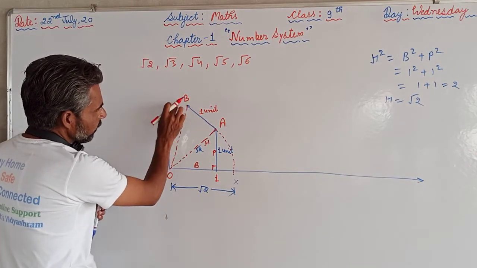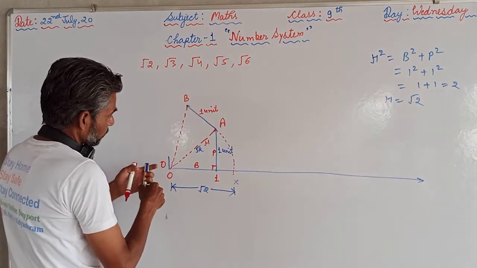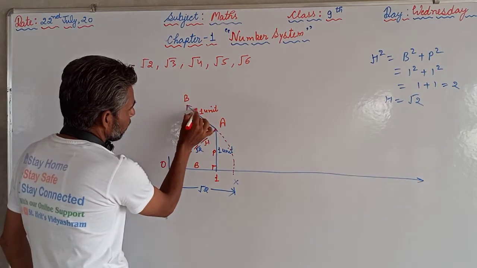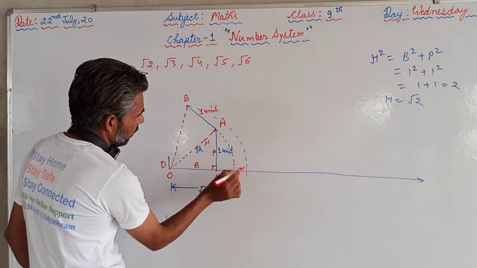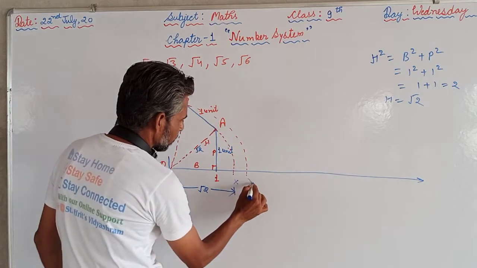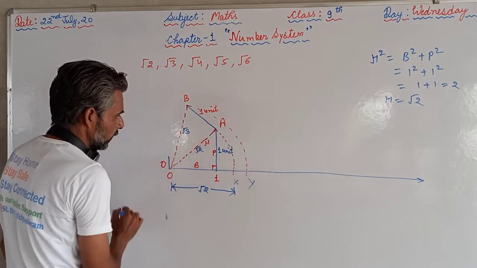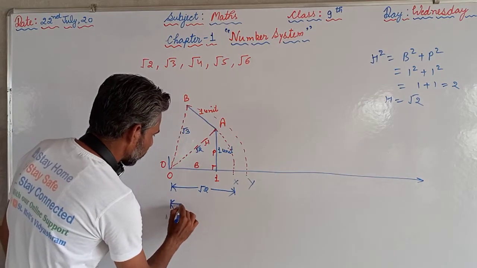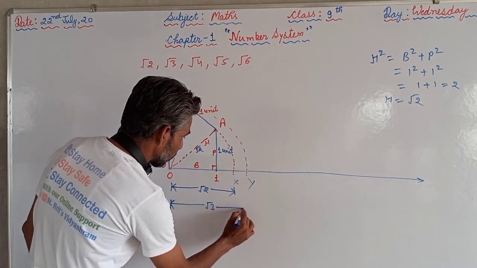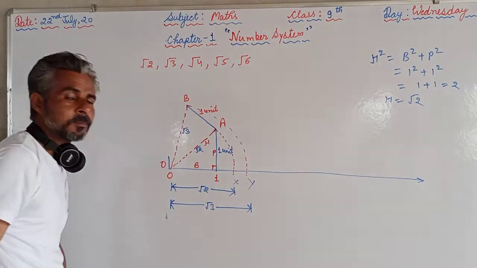If we take OB as the radius, then the arc will be like this, and suppose this is the point Y. This will be under root 3. So OY will be under root 3.